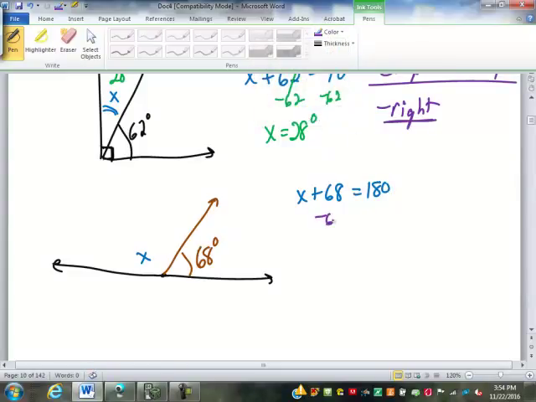So I subtract 68, x equals 112 degrees. I mentioned it earlier: when two angles add up to a straight line, or 180 degrees, it is called supplementary.